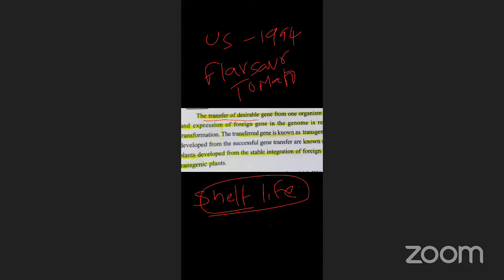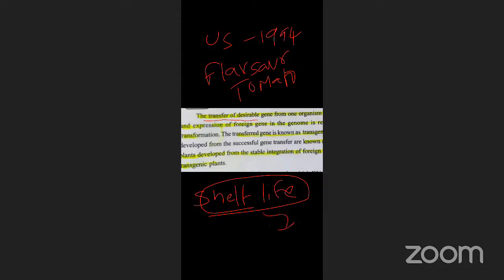The plant name is Flavr Savr tomato. The main purpose of introducing this plant was to create a longer shelf life period. What is shelf life?